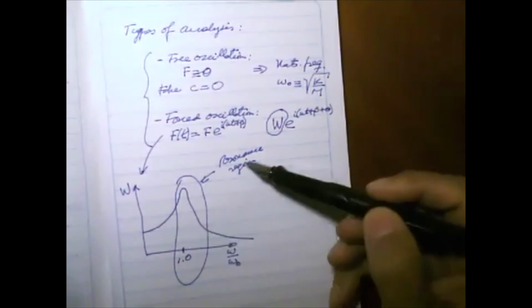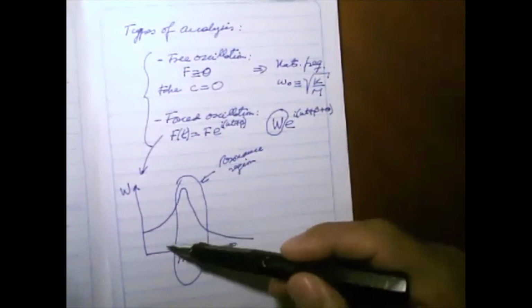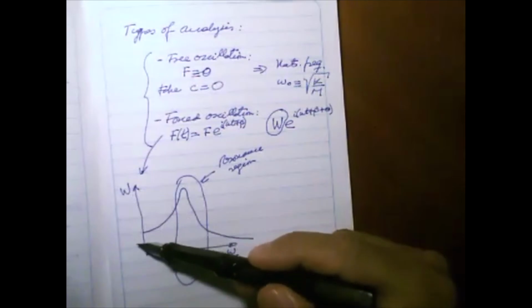That means that we are in trouble. So we have to do something in order to separate these two such that we are away from this resonance region and the response will decrease.